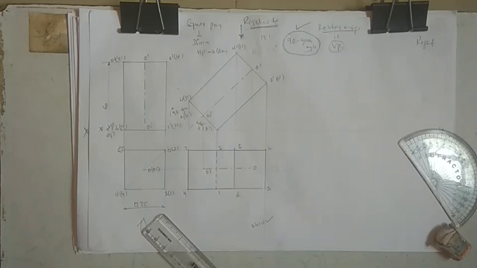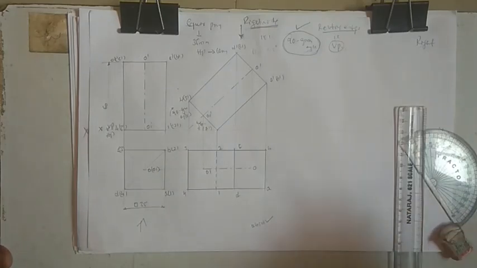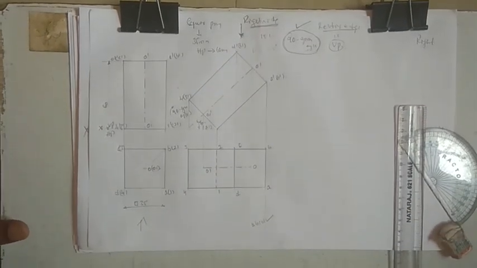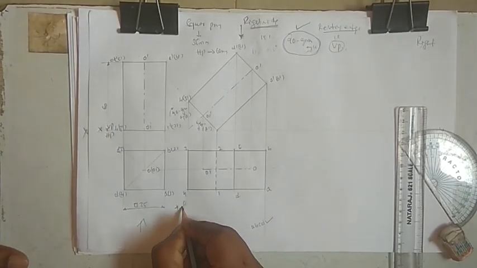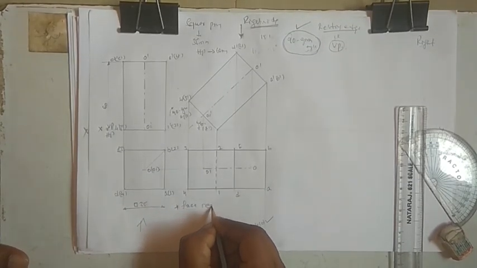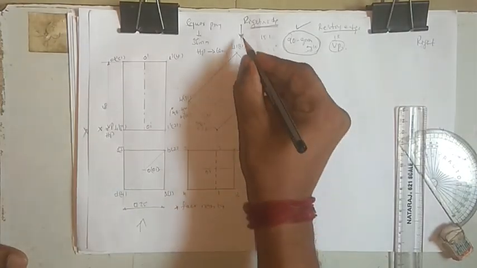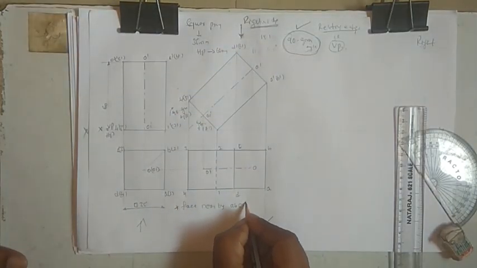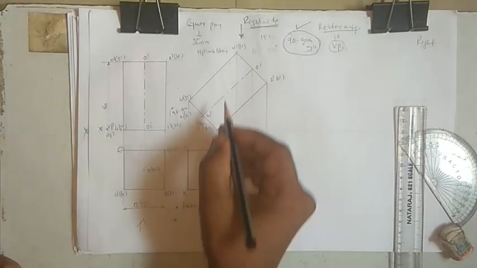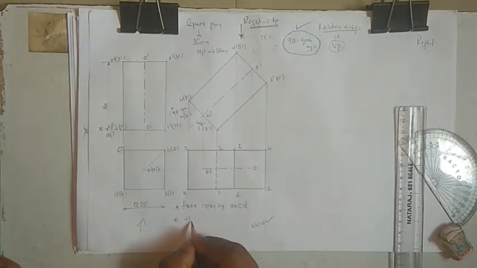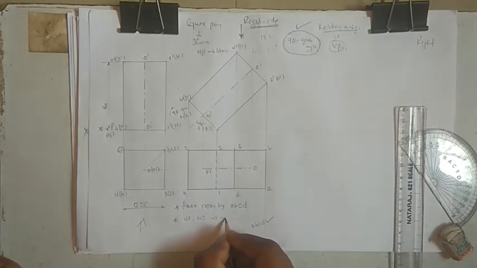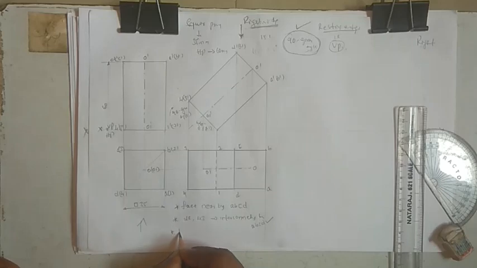It's an axis line. So what are the things to be noted here? First thing, the face nearby, that is ABCD when you see from here. Next will be DC and 4, 3 and interconnecting lines. Then the resting edge, irrespective of anything, is always invisible.